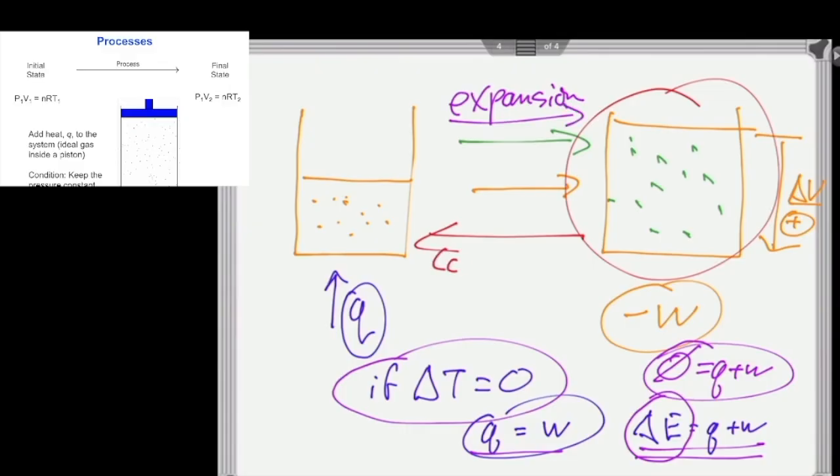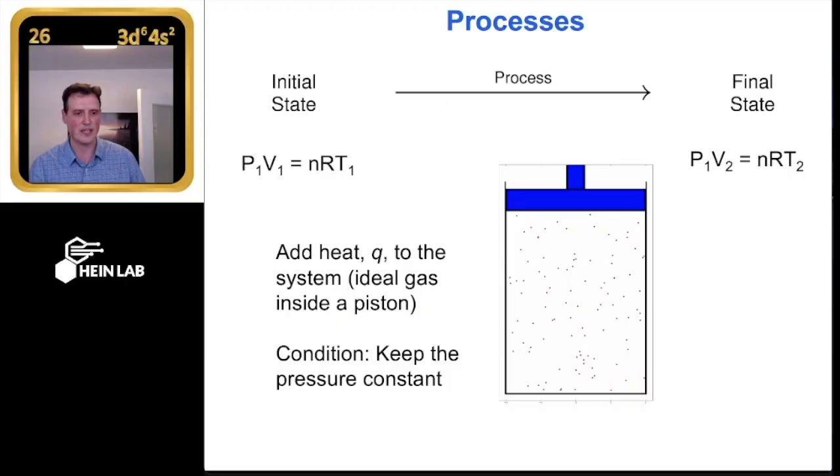Going this way we call compression. What's the value for work under compression? Work is plus. That means what does the value for heat have to be if it was an isothermal compression? Yeah, it's negative. They have opposite signs but equal magnitude, but that only happens if we are dealing with delta T equals 0.